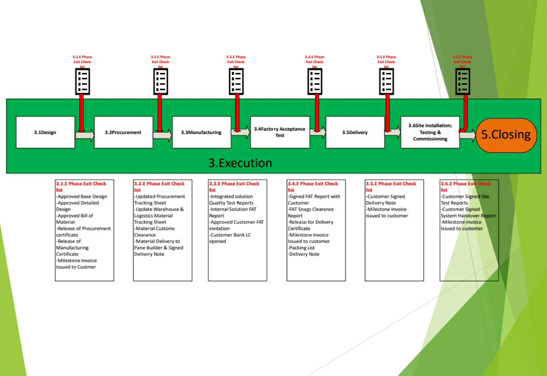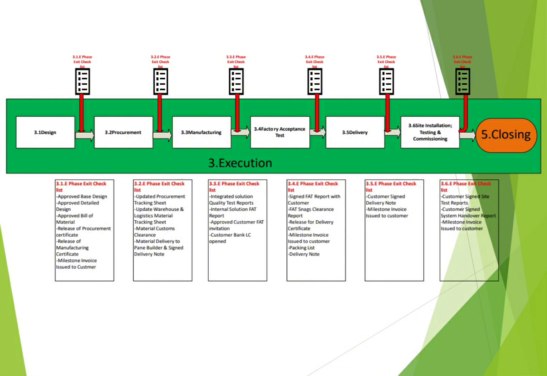So any programming need to start, any necessary configurations need to be prepared, so that it will be moving in parallel. Once the panels are ready, your team can go and start uploading these settings or engineering in the completed panels, okay, and to start to prepare for the FAT, the factory acceptance test.